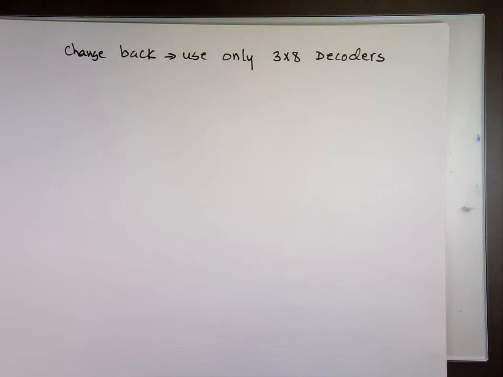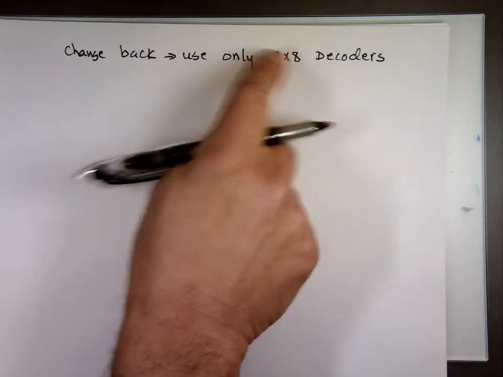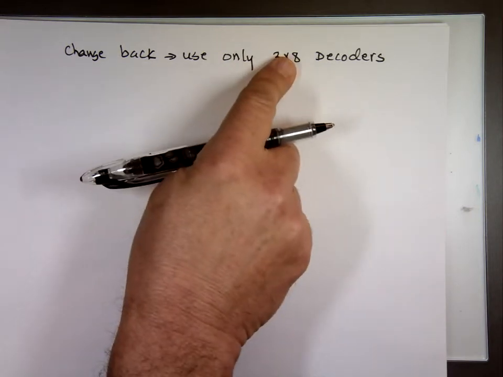A 3x8 decoder, like, how many inputs you got there? 3 control signals, 8 here, right? Well, you need 32, so you better have 4 of them.